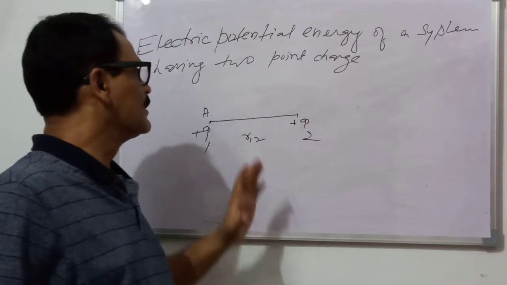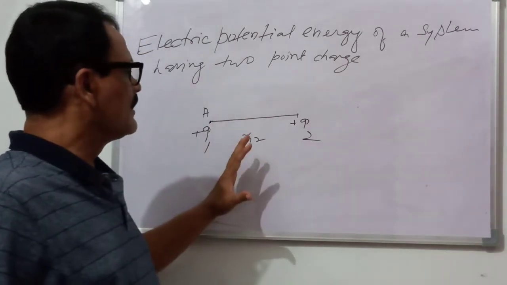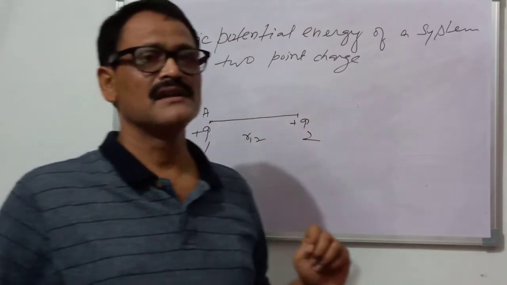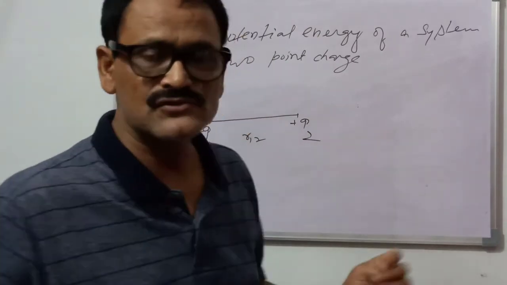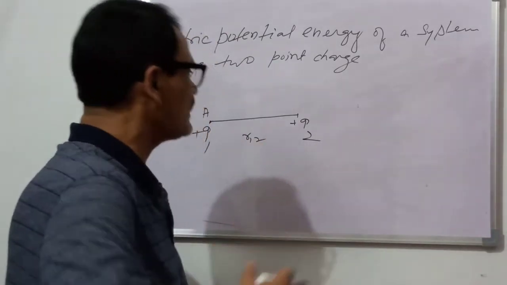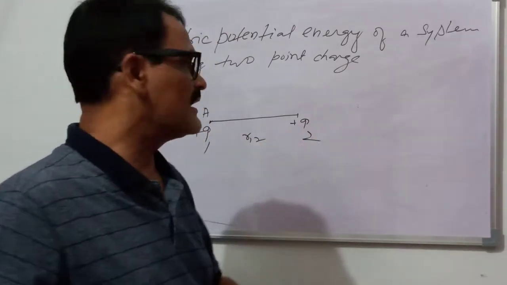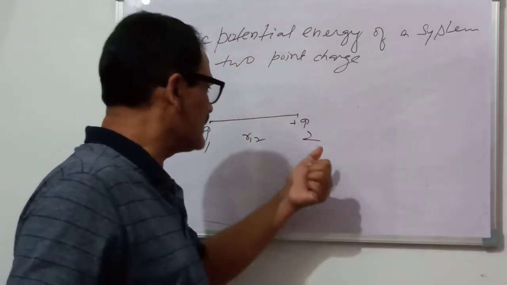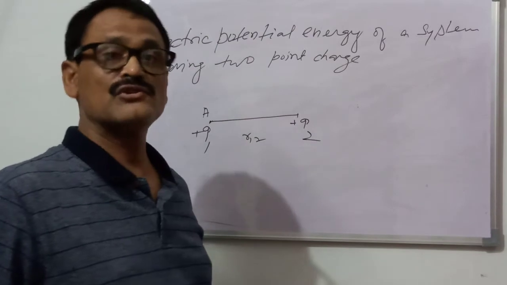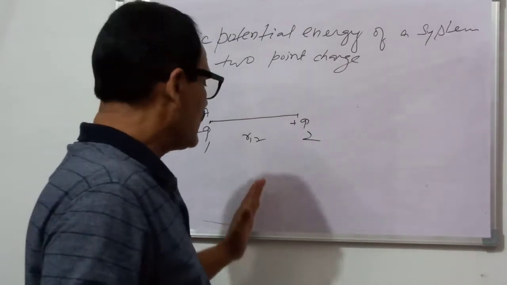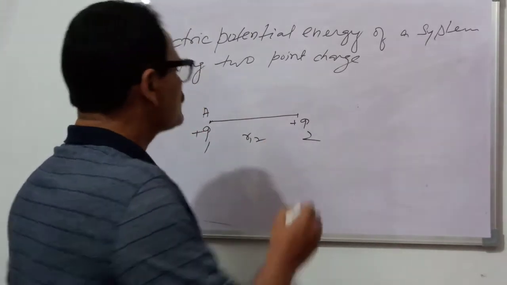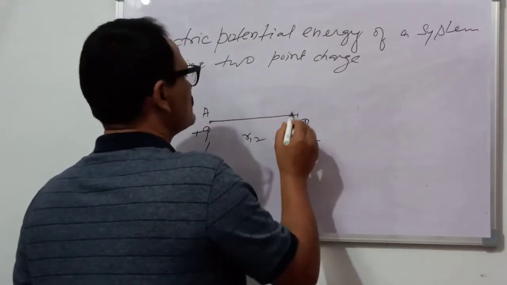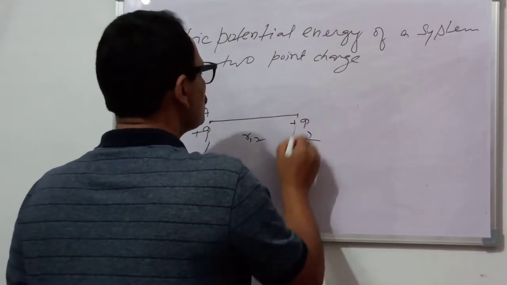Then to make this system, now I have to place this Q2 charge. Now we have to place the Q2 charge, so we will bring it from infinity. When bringing it from infinity, the electric field of Q1 is there, so we have to bring Q2 in that electric field. So you have to do work, and for that, at this point, what is the electric potential?